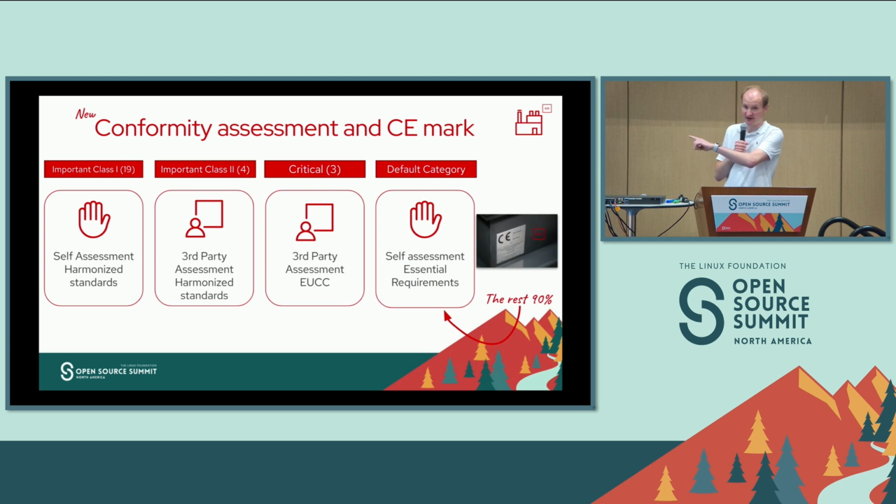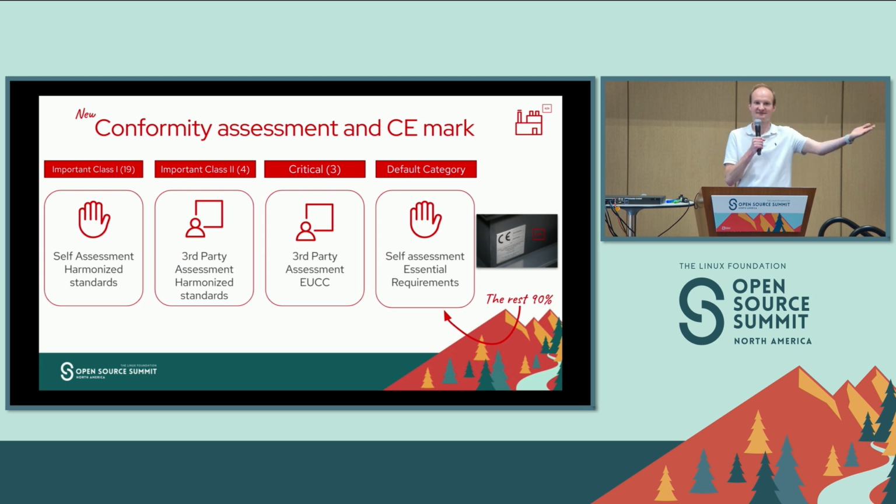Now, this CE mark. If you're buying physical products like a mobile phone or a toy or something else, you can notice this CE mark on it that basically attests that this product passed certain quality controls and maybe safety controls, depending on the type of product. And the CRA introduces this CE marking for PDEs, for products with digital elements.